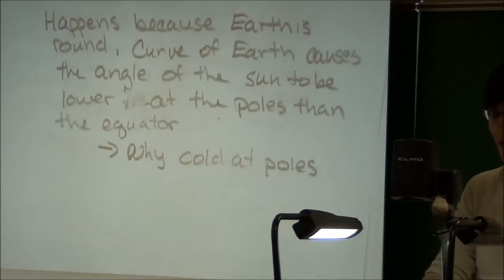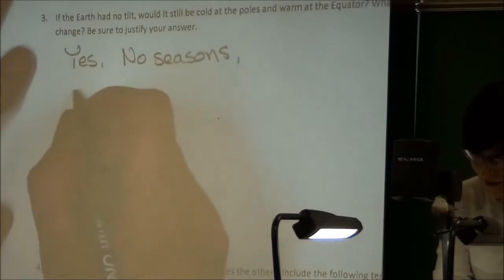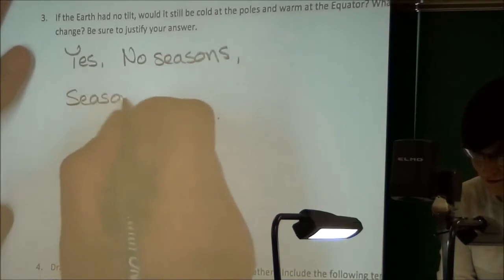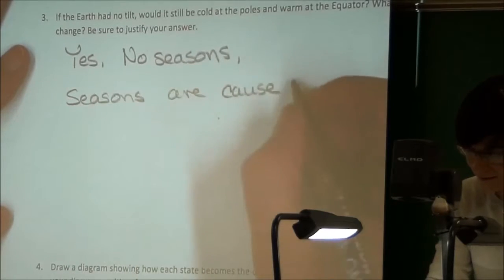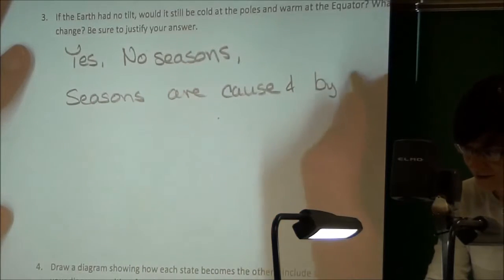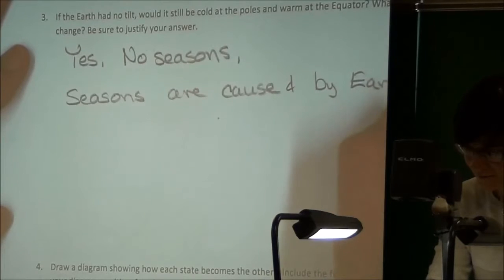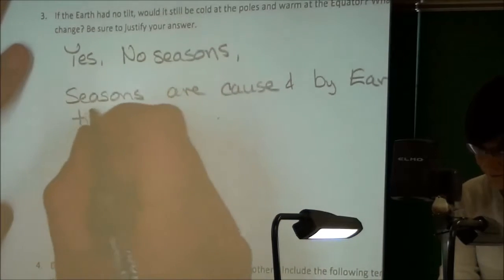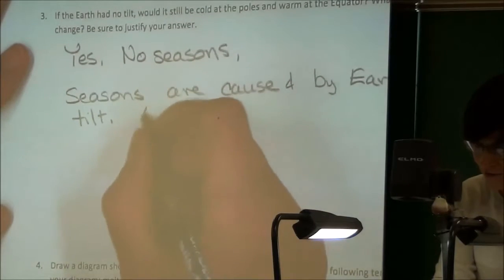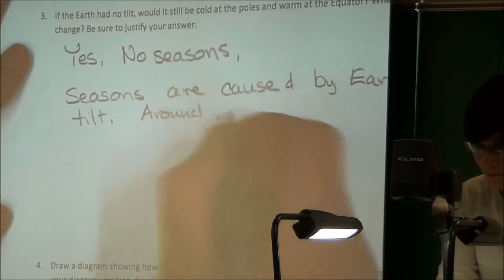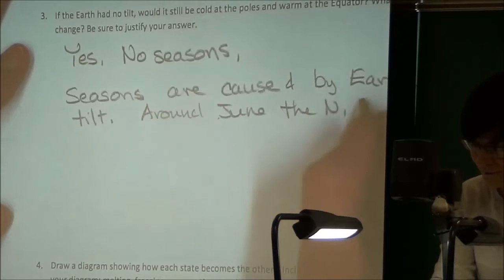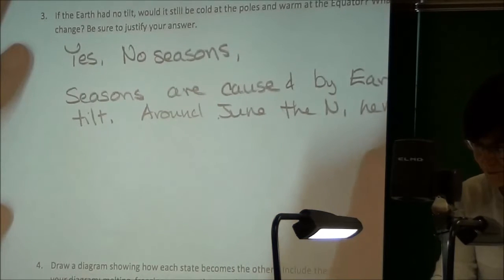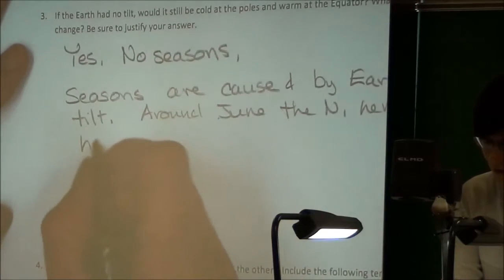Now let's go back and talk about the seasons. The seasons are caused by Earth's tilt. Around June, the northern hemisphere has more direct rays.